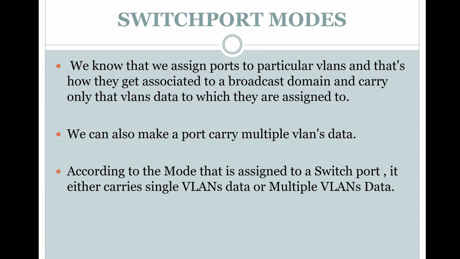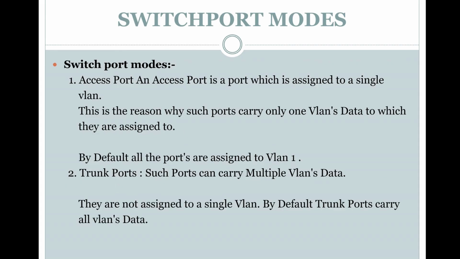We can also make a port carry multiple VLAN data by forming a trunk port. According to the mode assigned to a switch port, it either carries single VLAN data or multiple VLAN data. For single VLAN data we have connected finance and sales; for multiple VLANs we form the trunk.